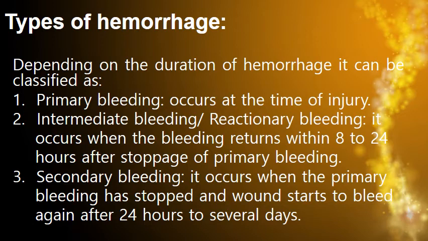Any infection is the most common reason for secondary bleeding, or if the patient is hypertensive, any elevation in the patient's blood pressure will cause pressure on the blood vessels and the start of the bleeding again.